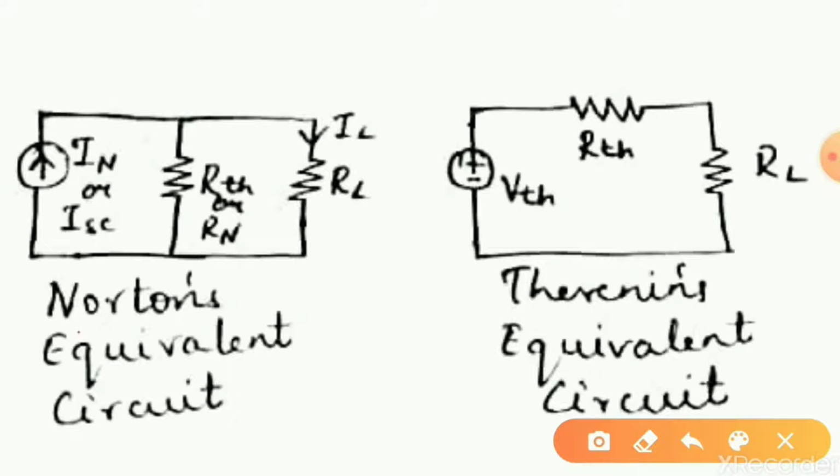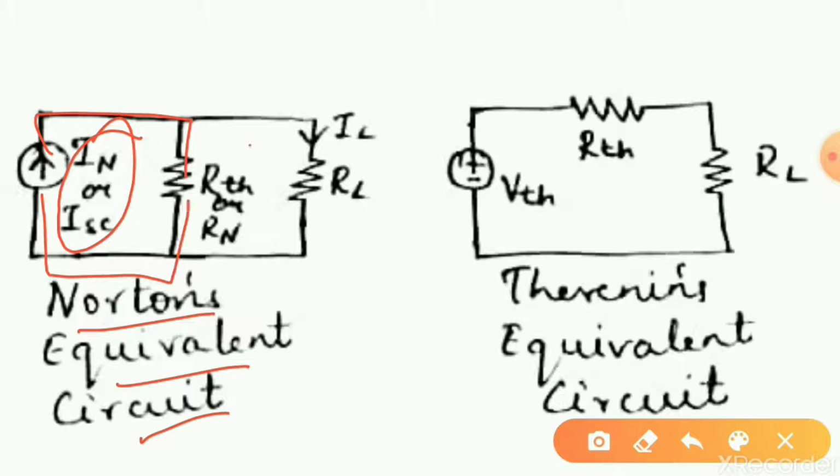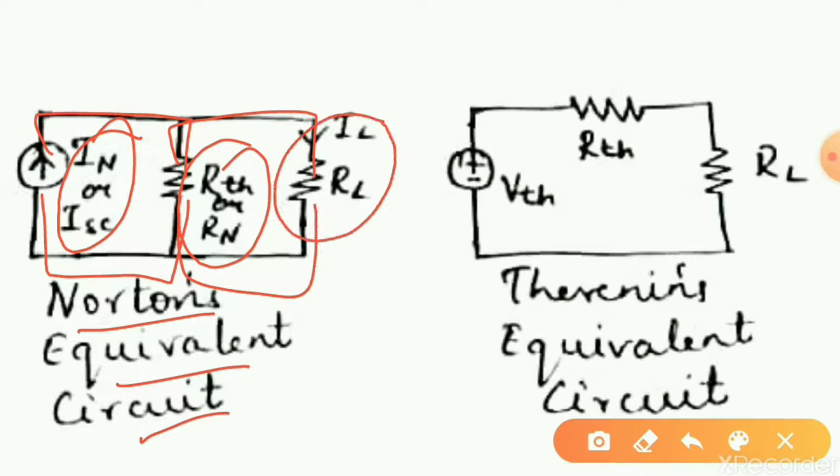If we need to obtain a Norton's equivalent circuit for a circuit given, we can obtain by drawing Norton's current IN or ISC in parallel to Norton's resistance, that is Rn or Rth, which in turn is parallel to a load resistor RL.